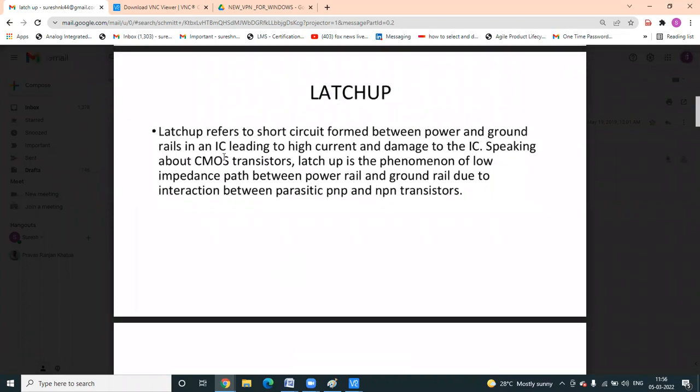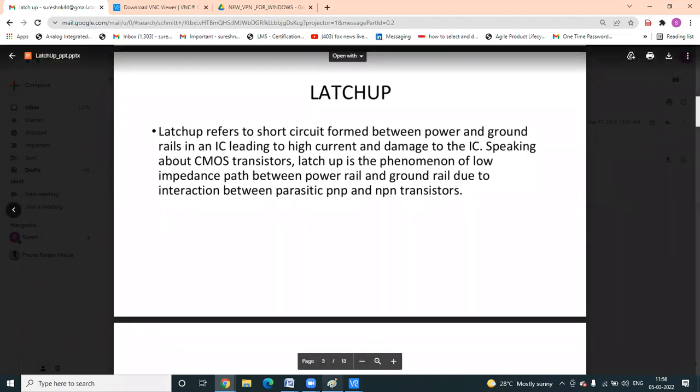So latch up refers to a short circuit path formed between power and ground. Okay, it's a little bit of a book definition.